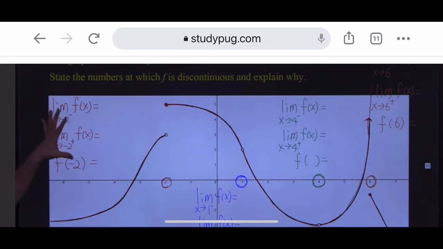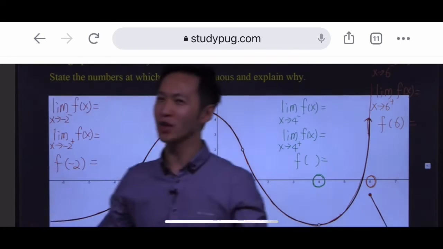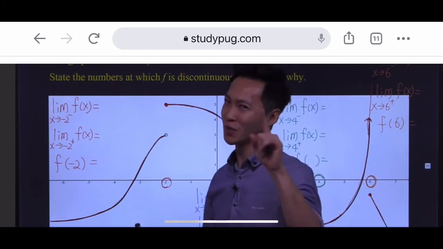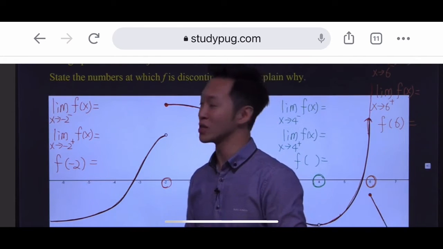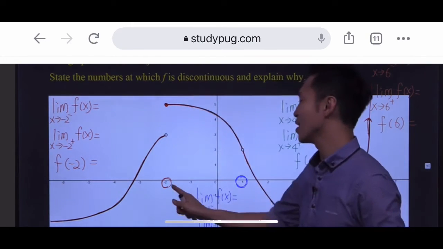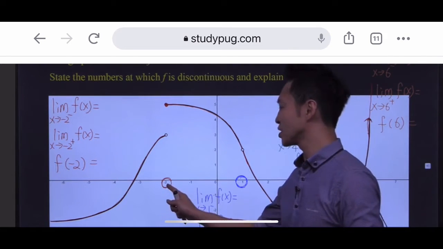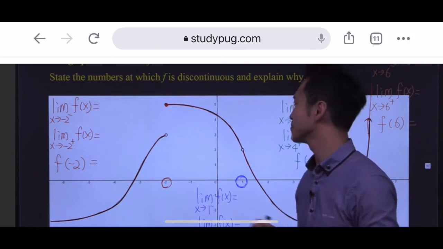And we should expect the 3 arguments not all equal to each other. For example, we might have 2 of them equal, but not all, and therefore the reason for having a discontinuity at a particular number. Let's start with the discontinuity at x equals -2.